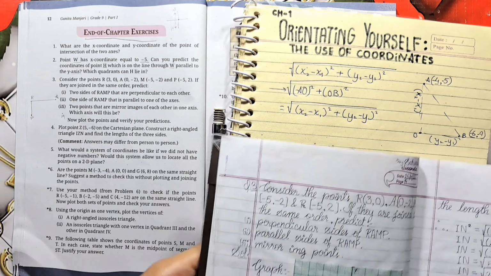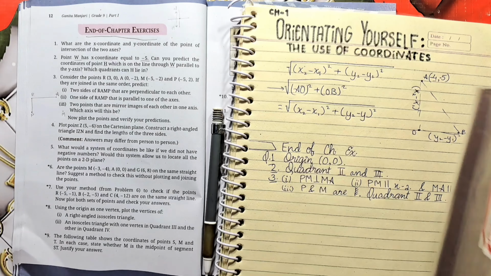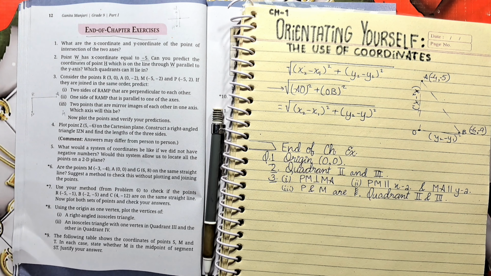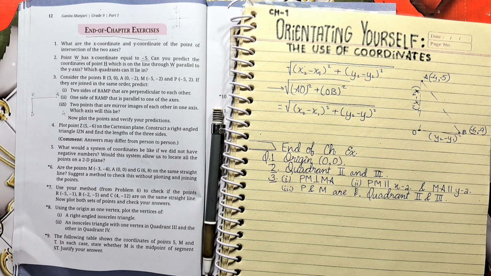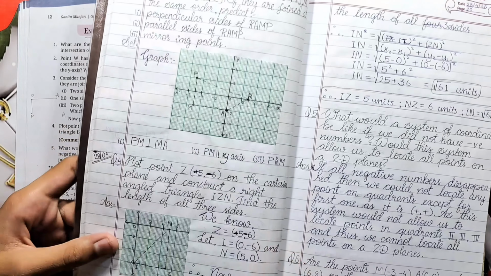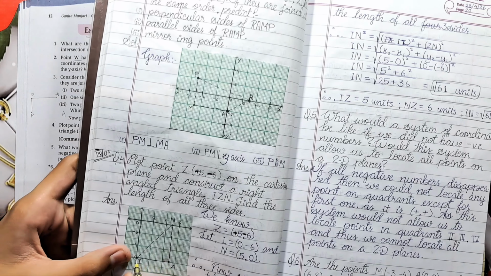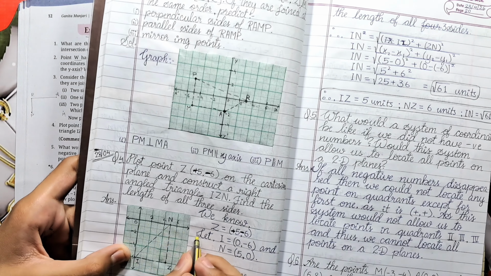Now let us look at the fourth question, which says: plot point Z, which is 5 comma minus 6, and construct a right angle triangle IZN. Find the lengths of the three sides. Answers may differ from person to person. How I have covered it is that this is the point Z, and I have taken I on the y axis and N on the x axis.